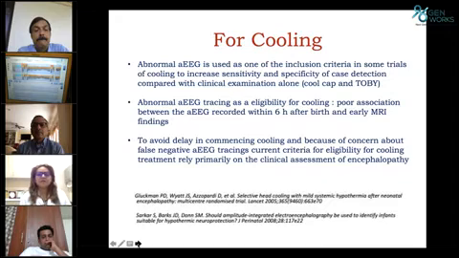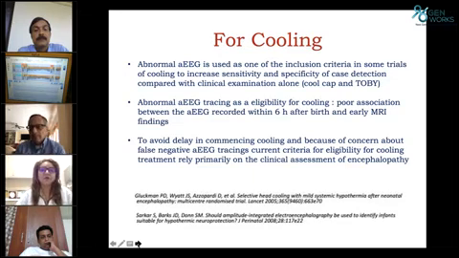However, this itself has a poor association between aEEG recorded within 6 hours of birth and early MRI finding.